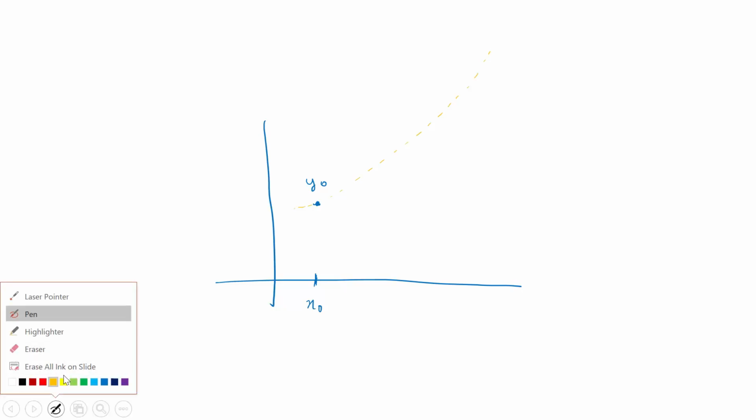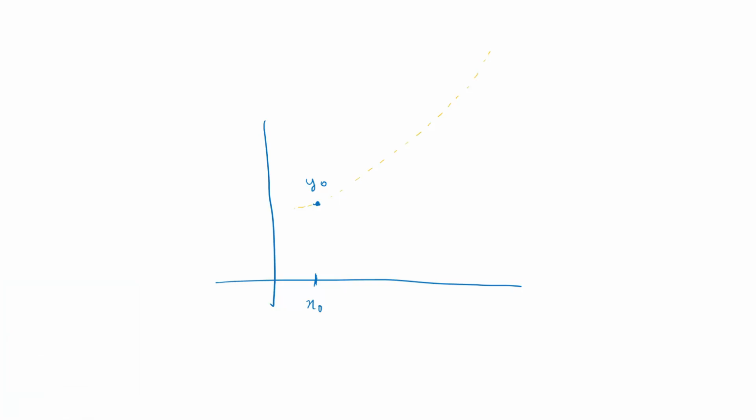What we will do is first find the slope at this point with the x-axis. Suppose this angle is theta. Now extend this line, and suppose we want to find the value at this point x1. This is my approximate point y1.